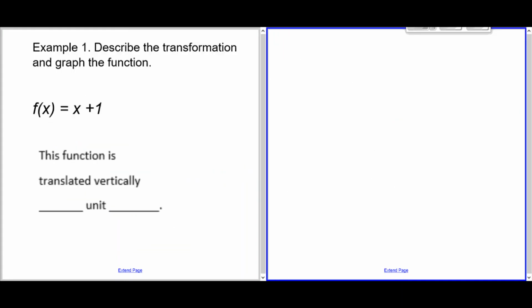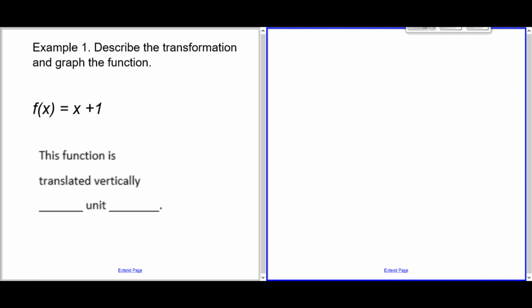So let's look at some transformations. The first one, example 1: describe the transformation and then I want you to graph it. So f of x equals x plus 1. Remember, we're looking at whether that plus 1 is inside a set of parentheses or outside. There are no parentheses here. We just have x plus 1.